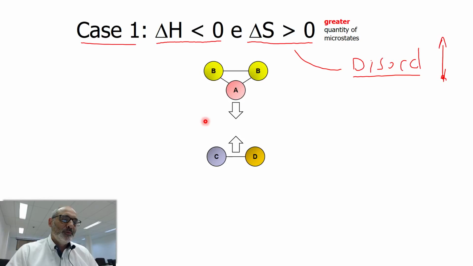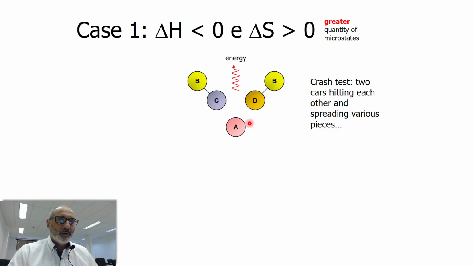You have two parts here, now you have three parts. Having three parts, or they may combine differently, implies that the entropy is increasing. And the fact that delta H is less than zero means that the process is exothermic.